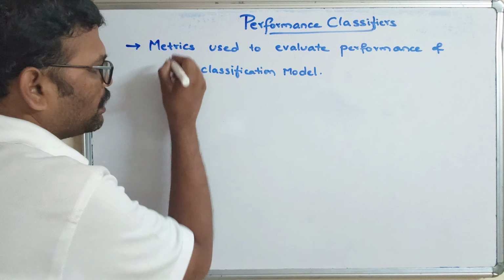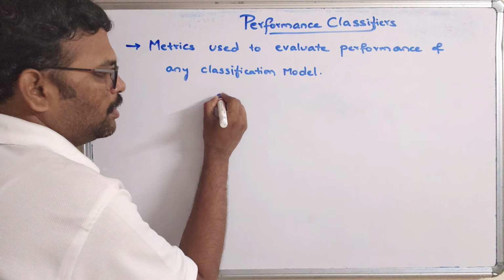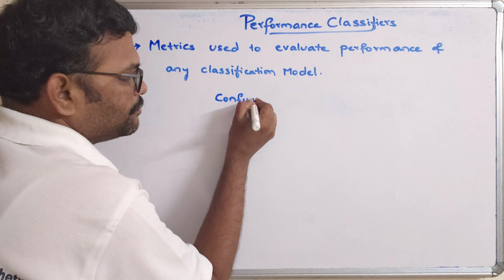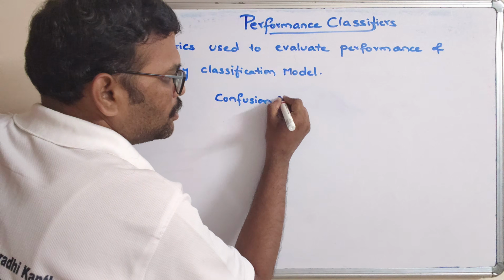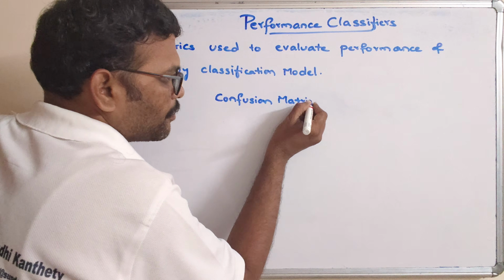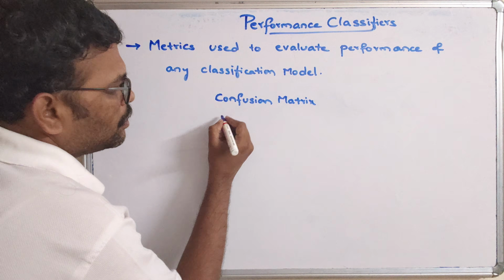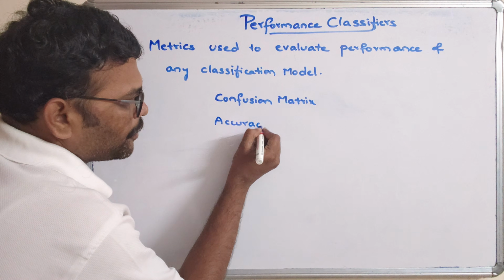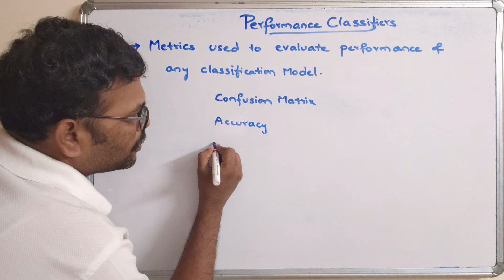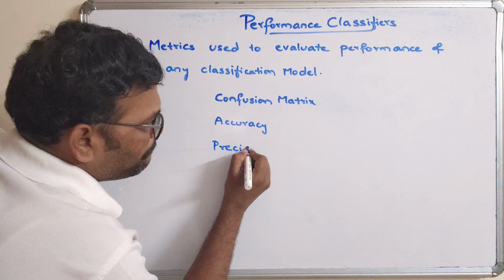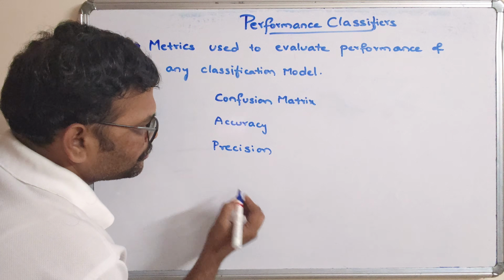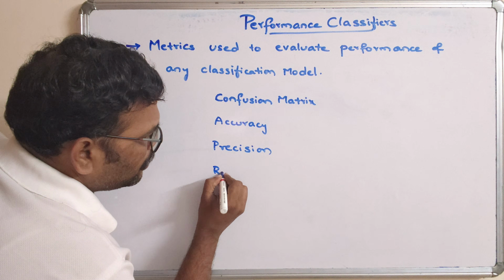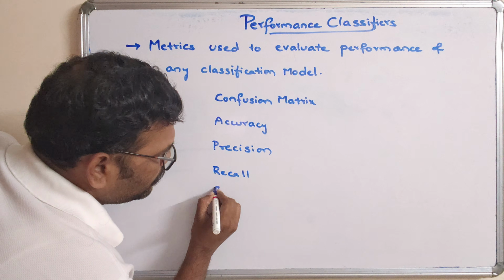So what are the metrics? The first one is the confusion matrix. Next, accuracy. Precision. Recall.